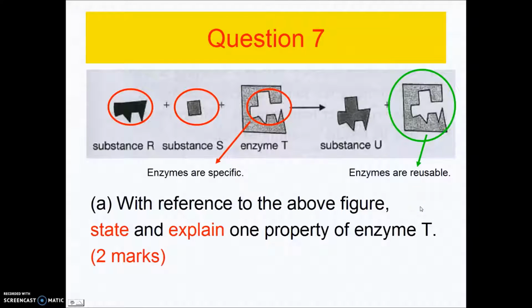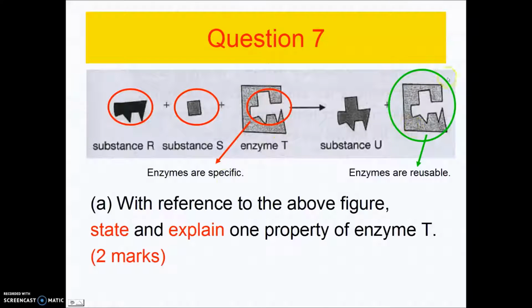And then we talk about question 7. For question 7, probably in the video, I also give you the hints. So the first hint is to focus on the shape of the enzyme molecules. You can see that our enzymes are specific.